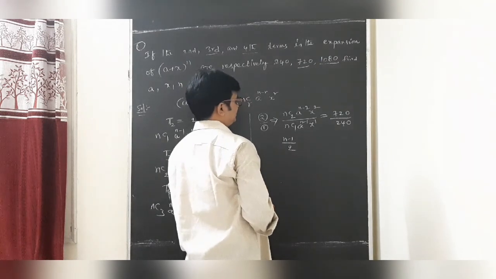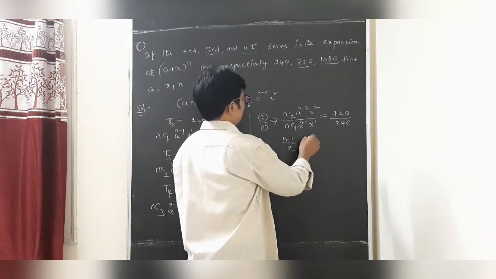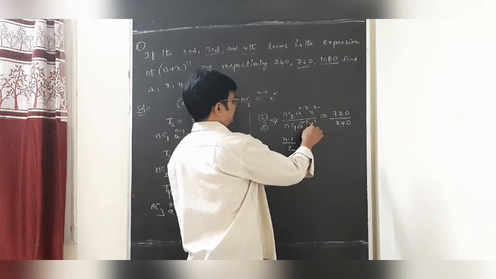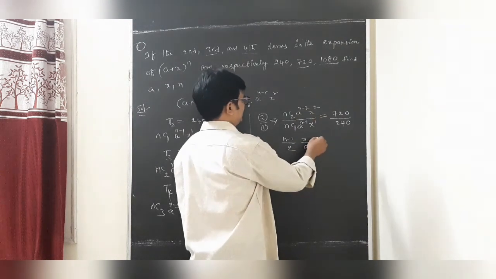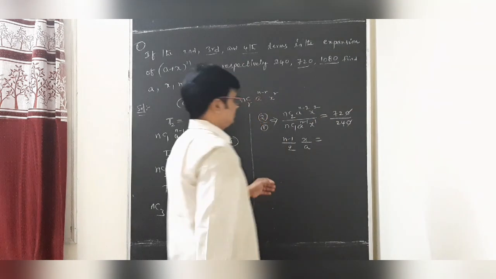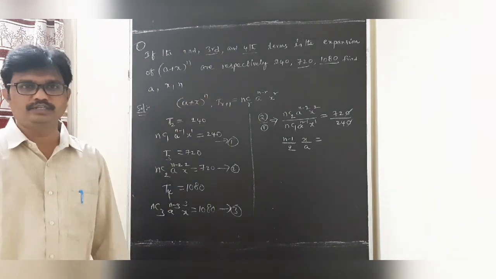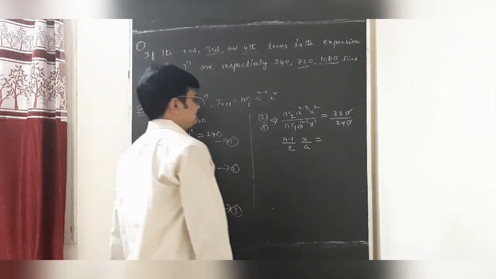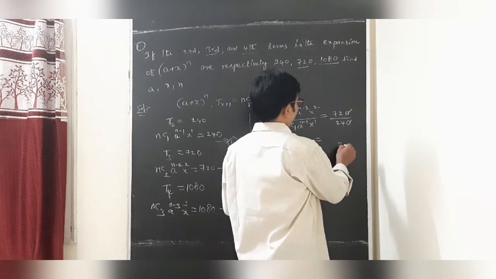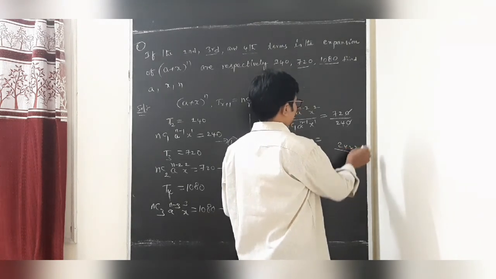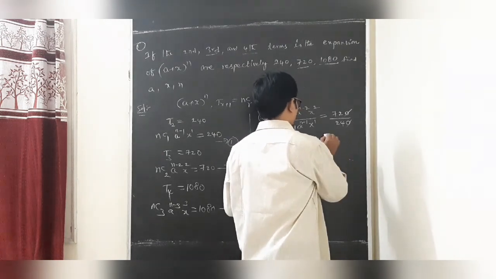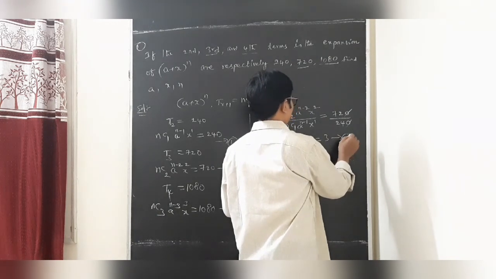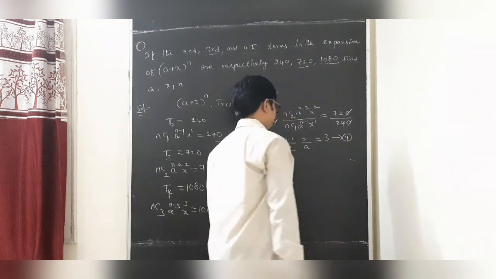One x cancels, and a equals, we know 24 1s are 24, 24 3s are 72. This is equation 4.